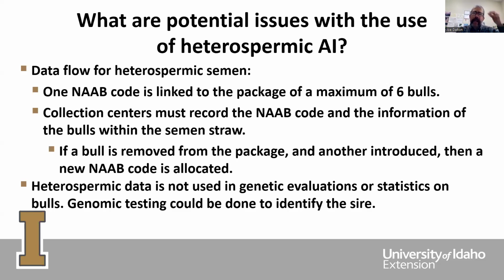So if we have 6 bulls, those 6 bulls will get one NAAB code for that heterospermic semen. And collection centers must record that NAAB code and the information of the bulls that were within that semen straw. So that's good.